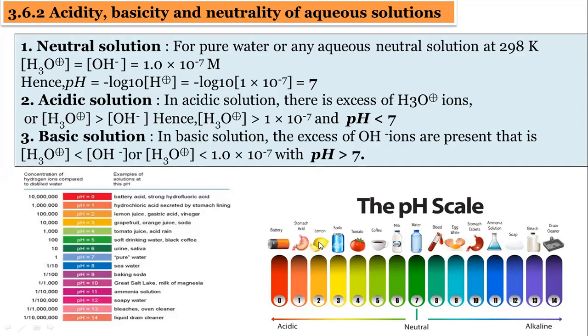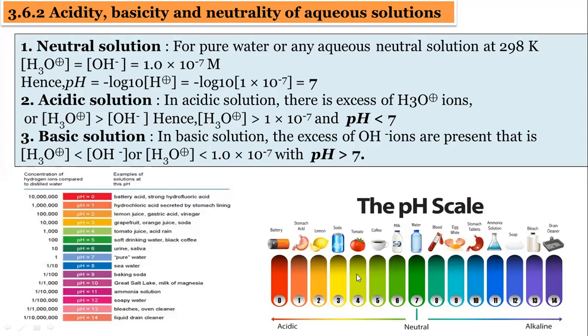Then this is lemon juice, which is citric acid, which is having the pH 2. Then pH 3, it is grapefruit juice, orange juice, and soda.